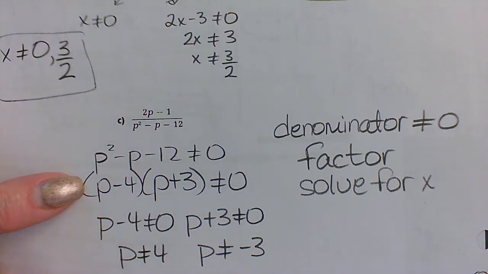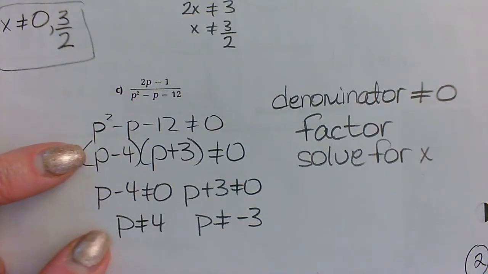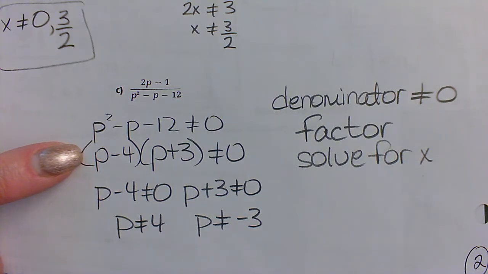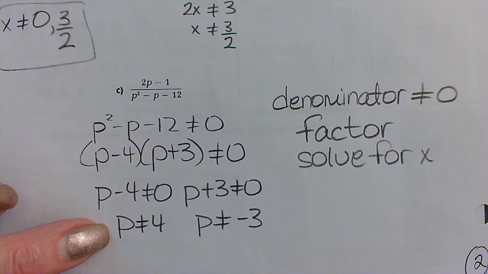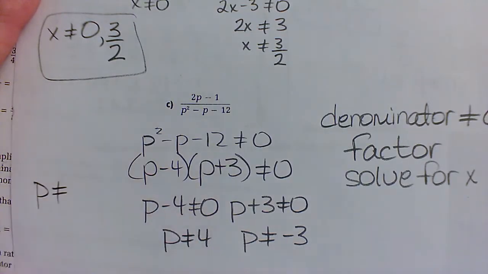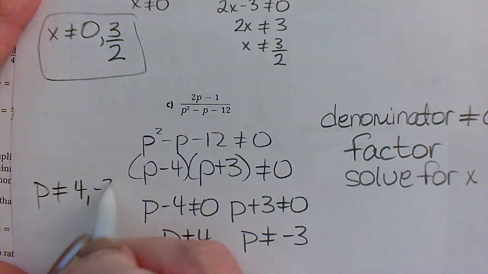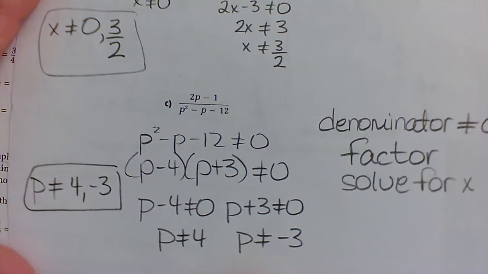If you can go directly from this step to this step, that's fine. That's what I did. All it does is change the sign, right? If it's a negative 4 in the bracket, it'll be a positive 4 outside the bracket. And then p cannot be equal to 4 and negative 3. And again, it doesn't really matter what order you put them in.